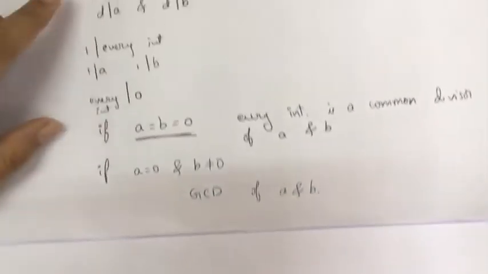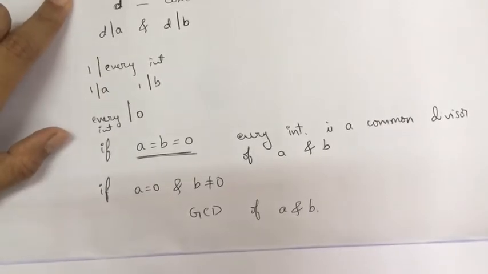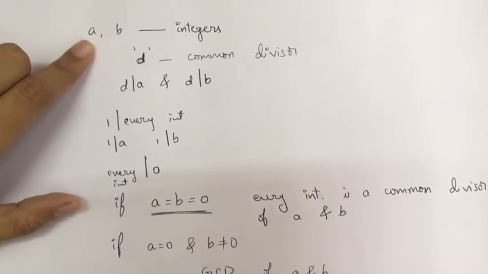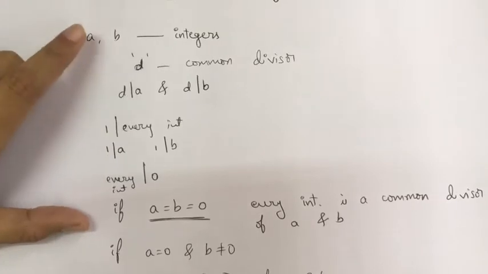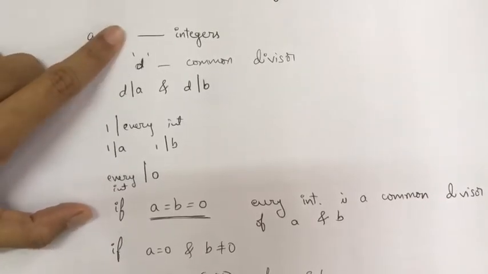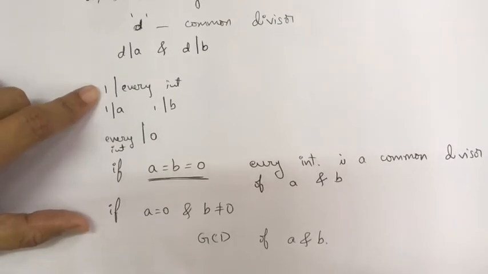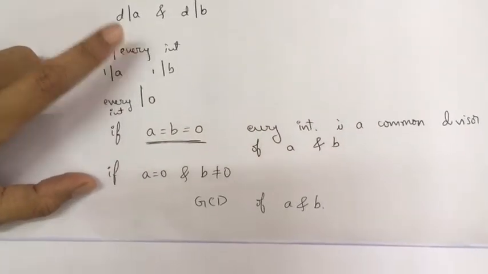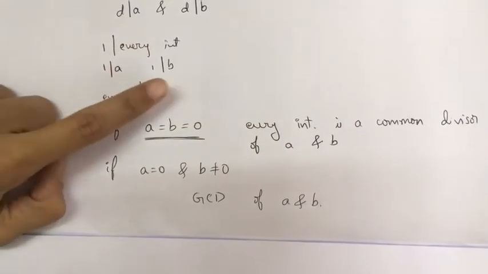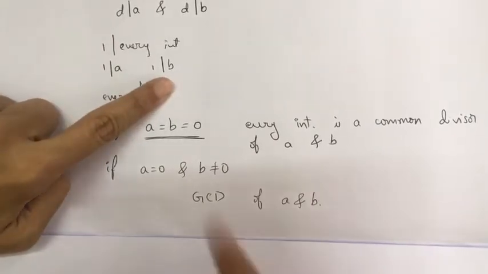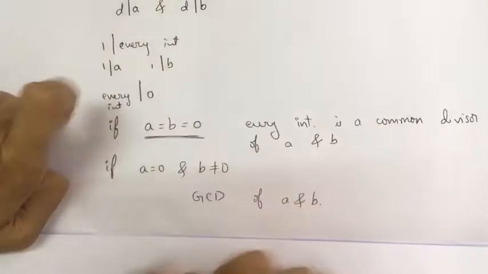I repeat, if you have integers A and B, then D is said to be a common divisor if D divides both A and B. Since 1 is a divisor of every integer, for any integers A and B, the set of common divisors is non-empty.